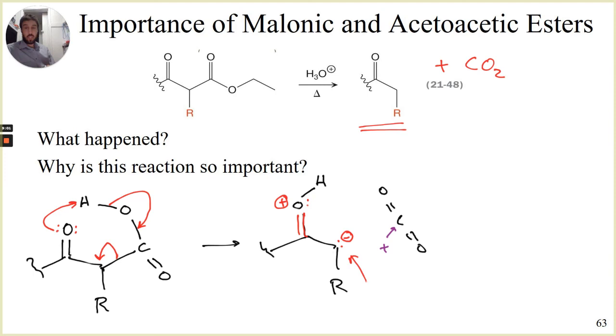That leaving group must be stable, because if it's not stable, we can't form it. Why is it stable? If we drew out the resonance, this would be a good opportunity for you to draw out that resonance structure while my computer frantically reconnects.